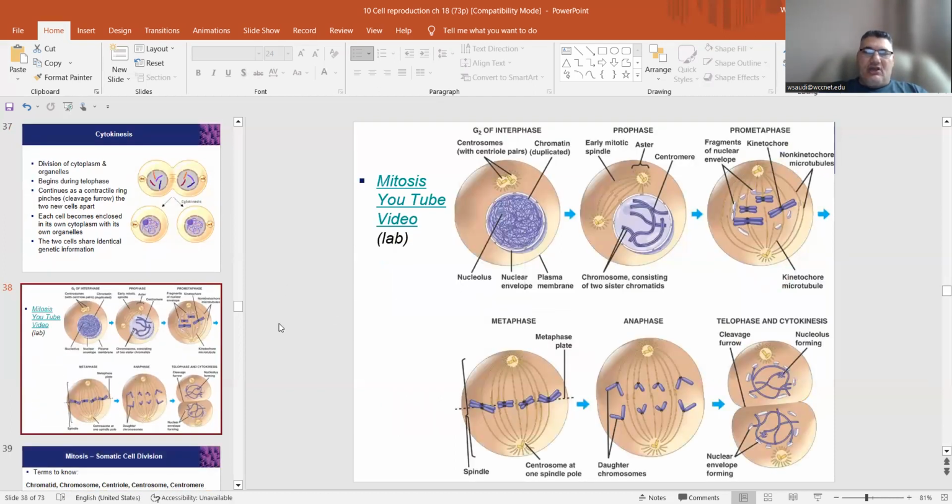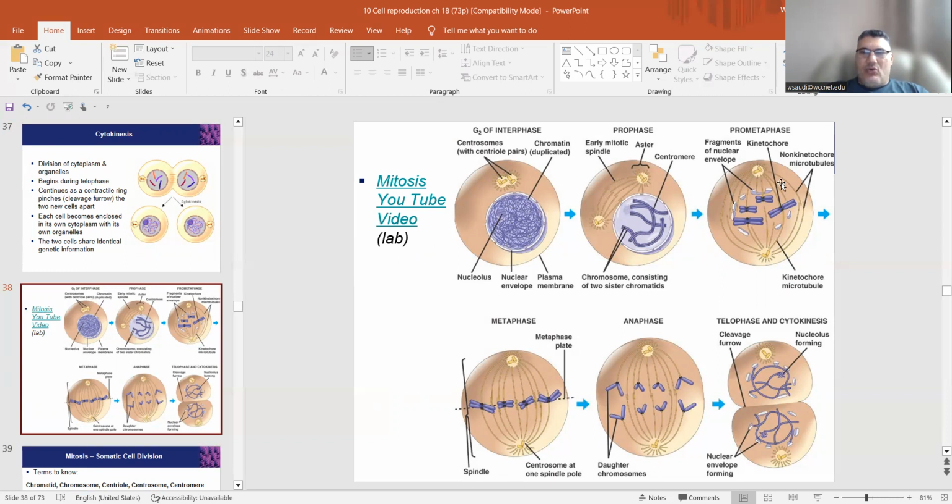There is a video here. You can watch it. I don't know how they're going to do it, but this is summarizing what we talked about. Here it is. There is G1, S, G2, and then the prophase. Look at how the asters, or the centrosomes, one here and one here, and in between the mitotic spindles, or the microtubules, and look how the envelope here starts to disappear.